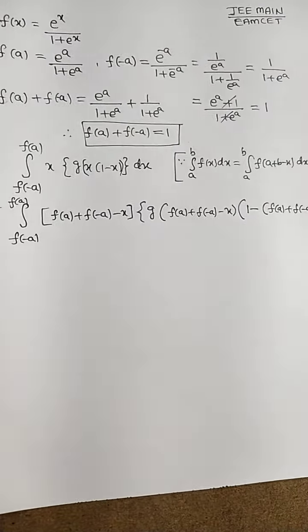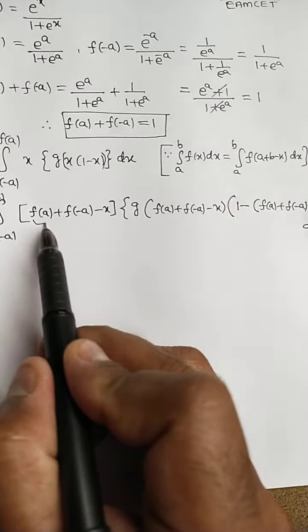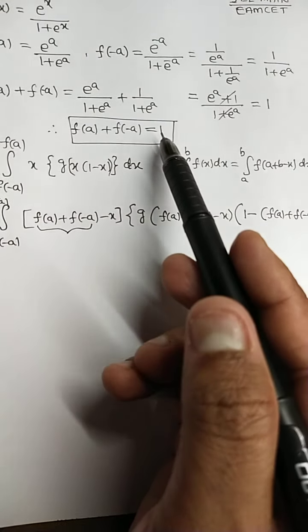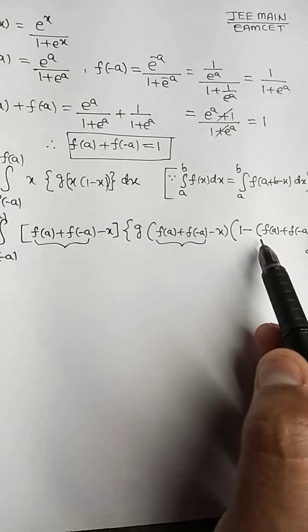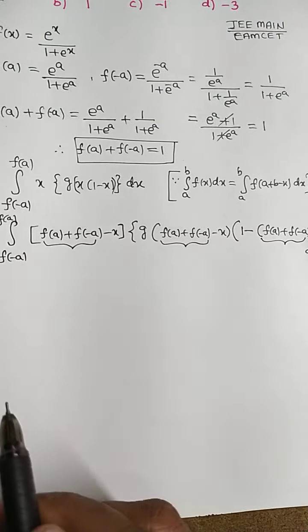So after that, wherever f of a plus f of minus a is there, you have to replace with 1. Why? Because we got this value.